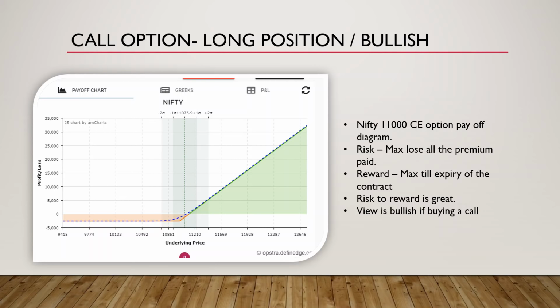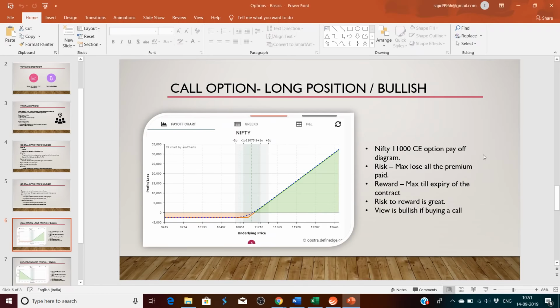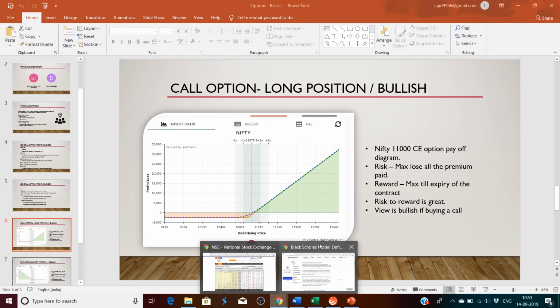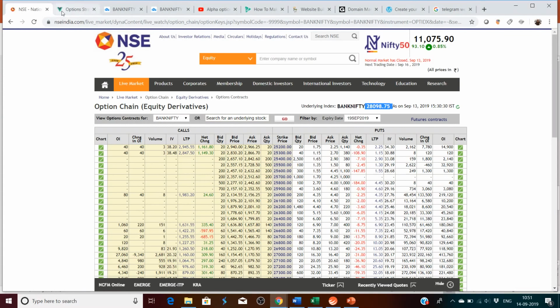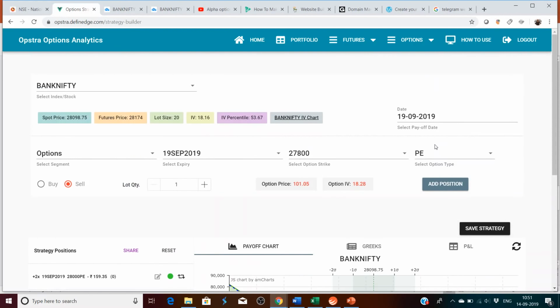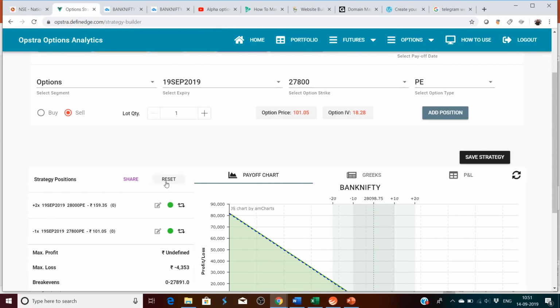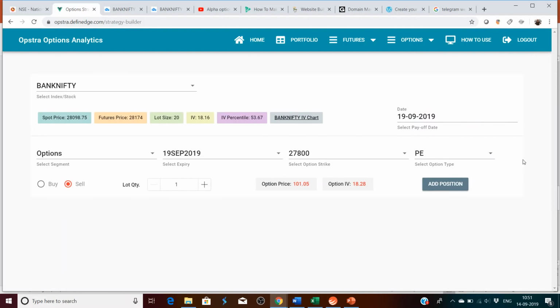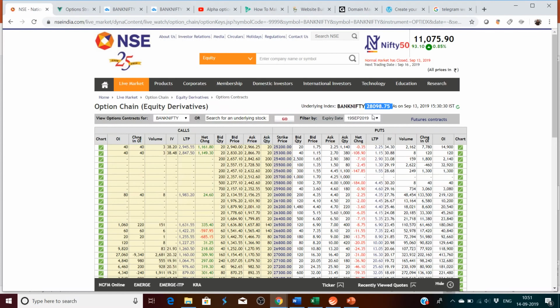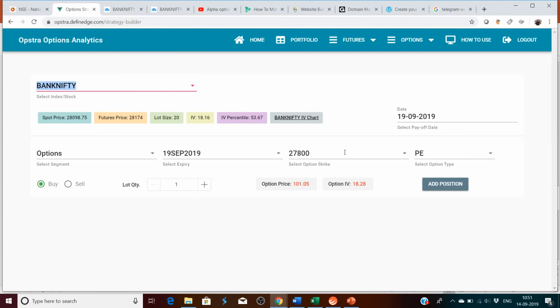Okay, now let's go to a live example. I will take you to my favorite tool, which is Upstox Define Edge. Here you can actually try and test these strategies. Let's say you are working on Bank Nifty, select Bank Nifty, and you have seen the option chain, spot is at 28,098.